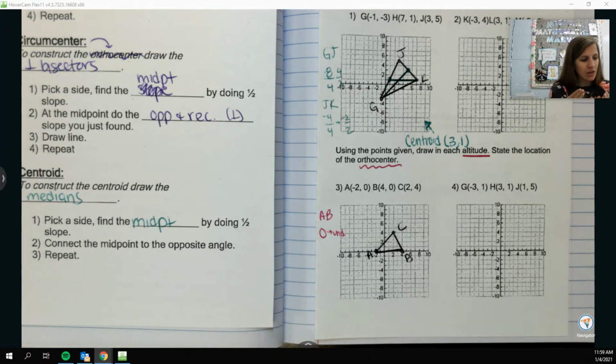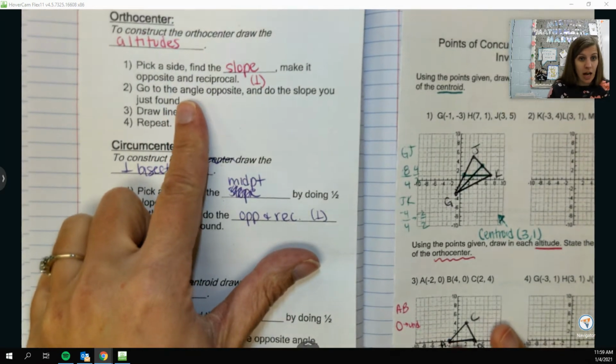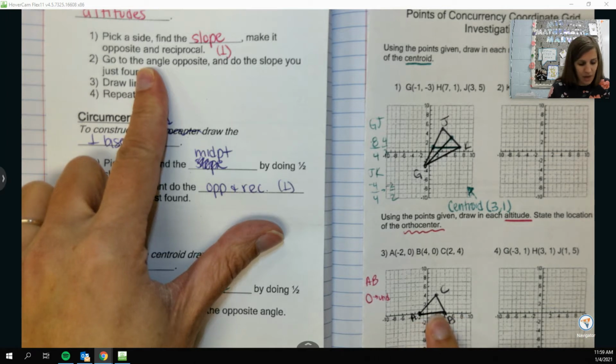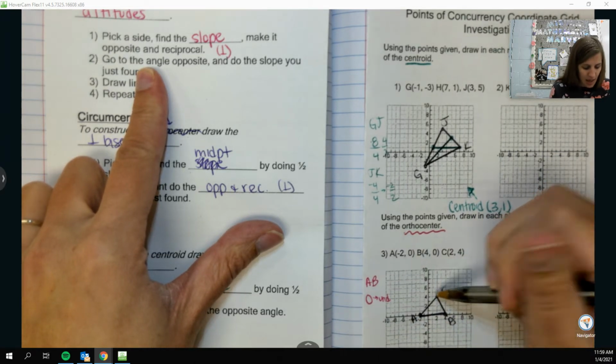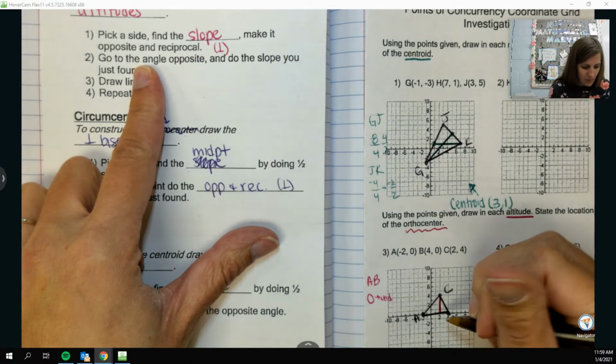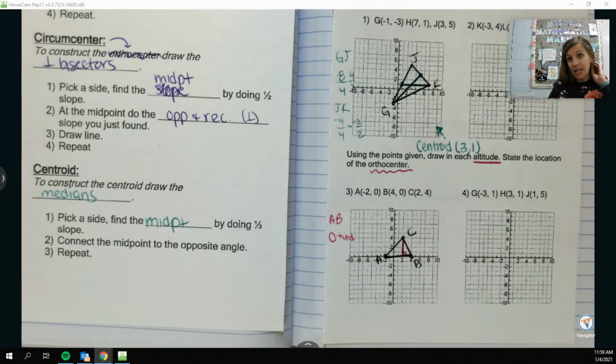And so I need to draw a vertical line through the angle opposite. So because I was on side AB, I need to go to C and draw a vertical line. So there is one altitude, but now I need to find another so that I can see where they cross each other. And then that will be my orthocenter.